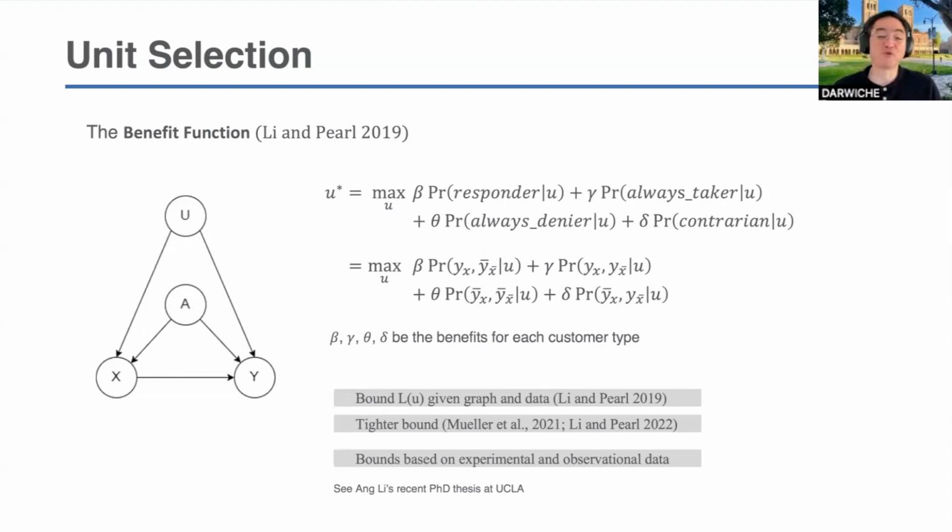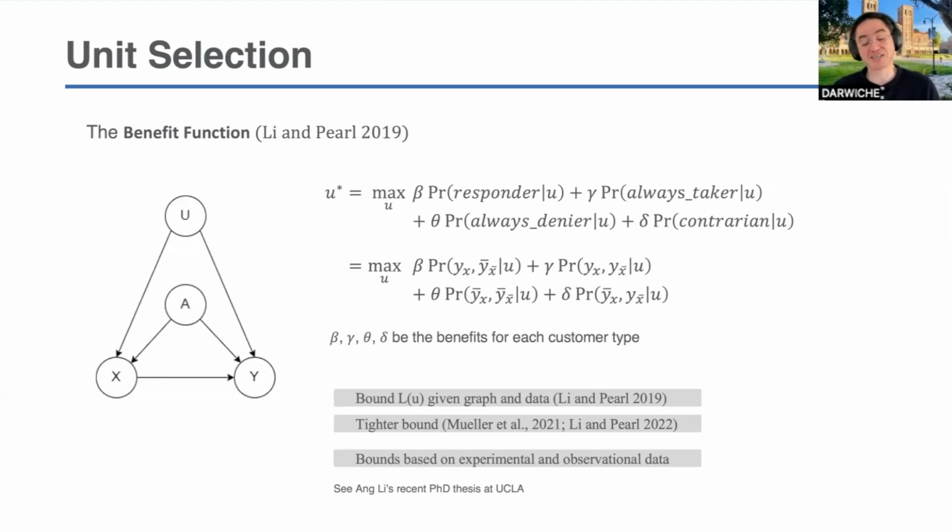And the focus of the work was on trying to bound this particular causal objective function, going back to identifiability. And in fact, there was a sequence of papers that provided bounds and tightened the bounds. In fact, the work did not even treat the problem of optimizing that. The focus was back to identifiability. What can I say about the value of this causal objective function given the information that we have?